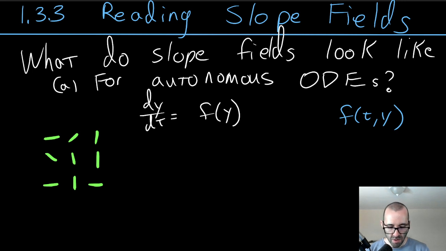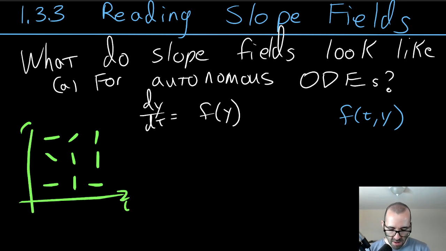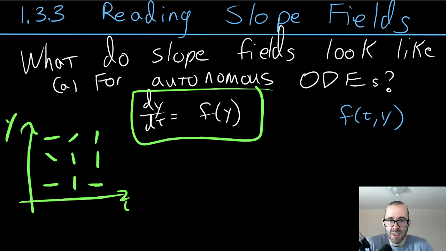The answer is no, because the slope is changing with t. The slope must depend on t. But I told you if it's an autonomous ODE, it shouldn't depend on t. It should only depend on y.